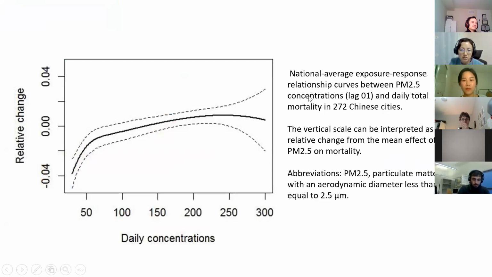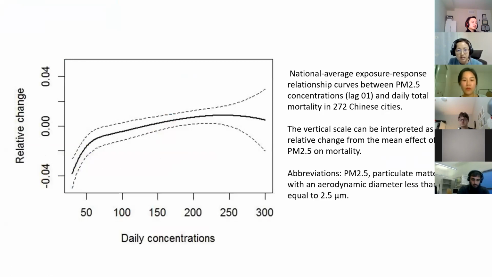We draw the national average exposure response relationship curve between PM 2.5 and total mortality. Before the regular monitoring network was set up, it was very hard for us to find the exposure response curve at current pollution levels.